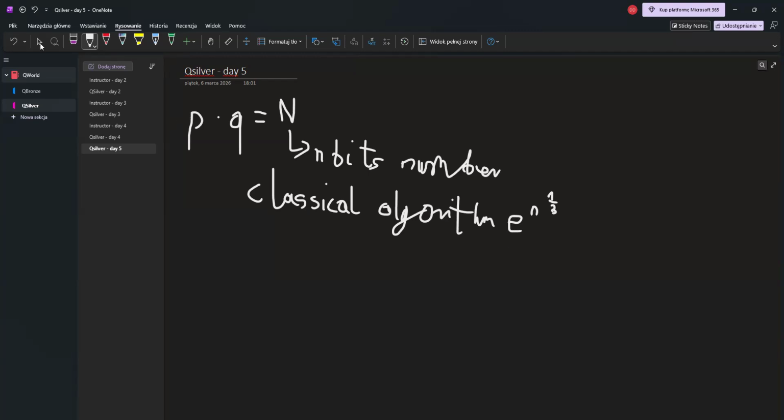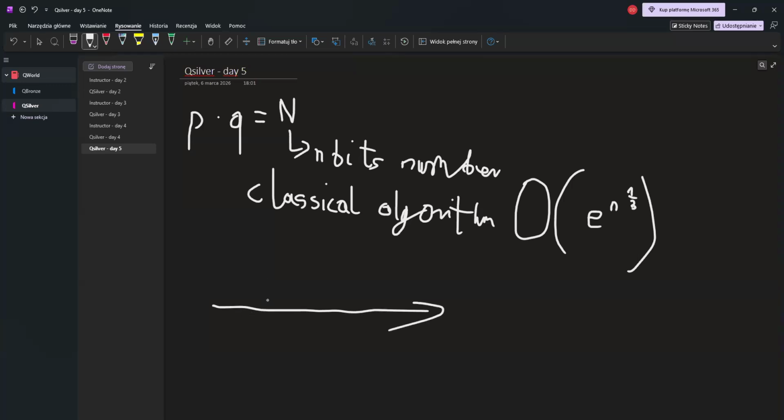And if we use big O notation, it will look like this. So it means that this is sub-exponential complexity. It needs a lot of steps because we know that the exponential function grows pretty quickly.